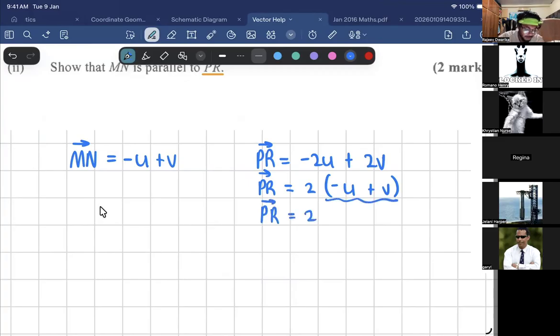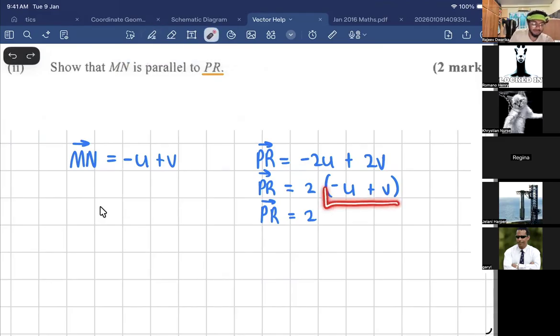Instead of writing minus u plus v, what could I write instead? What is minus u plus v? It's simpler than you think.